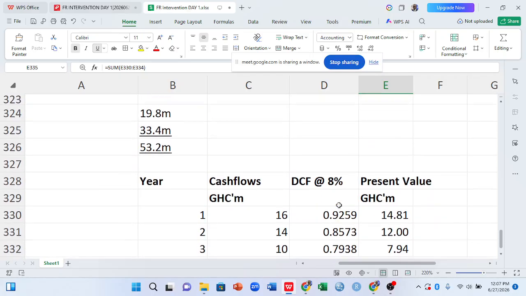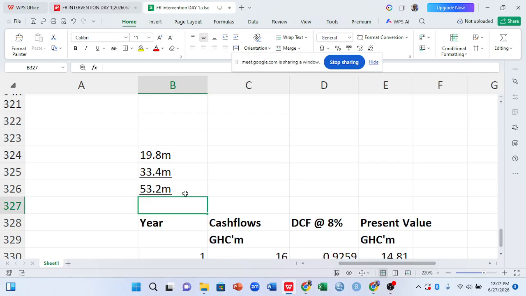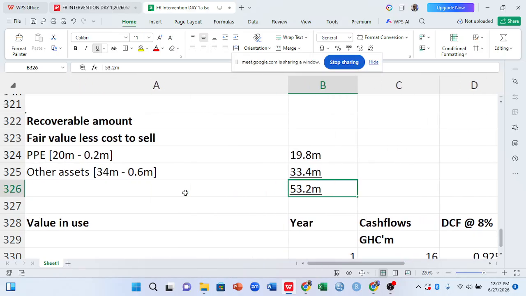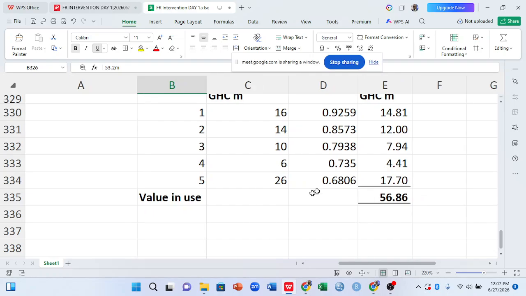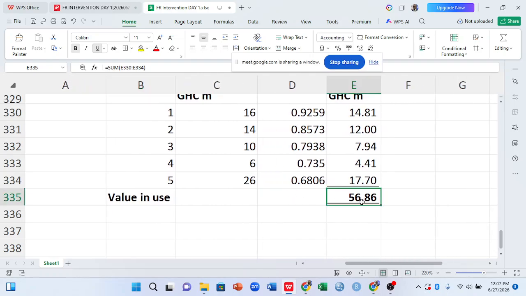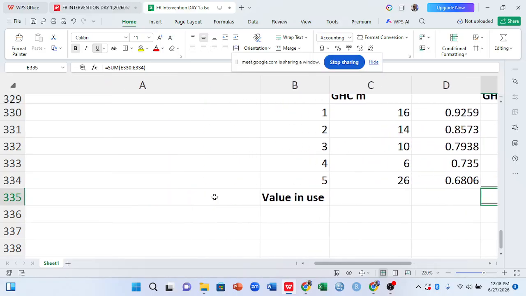Now we compare this with the fair value less cost to sell. Which one is higher? So this is our fair value less cost to sell, 53.2 million. And this is 56.86 million. Which one is higher? Value in use is higher.